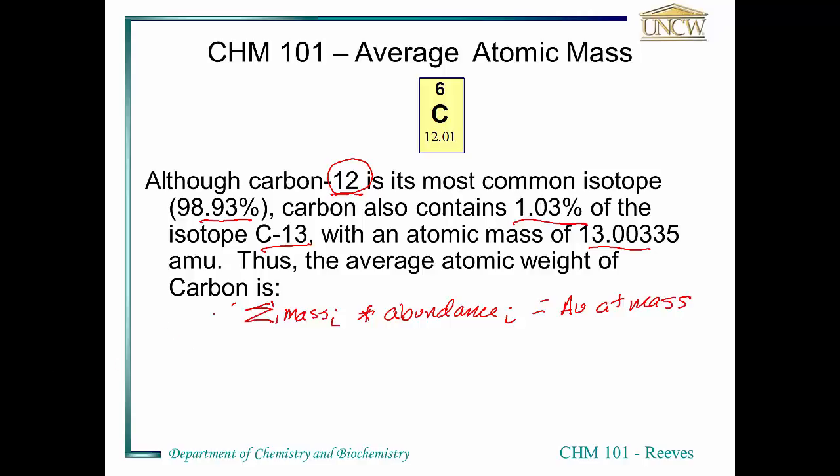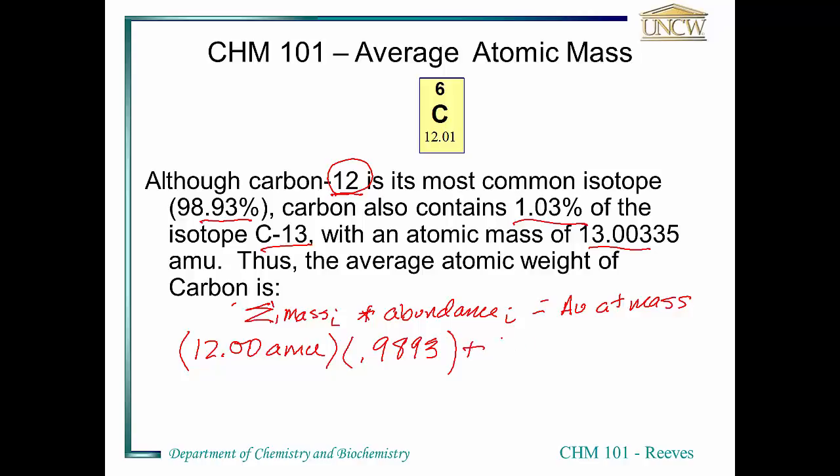So here we have a situation where we have a mass of exactly 12.00 atomic mass units for 0.9893, 98.93% of the atoms in any sample.